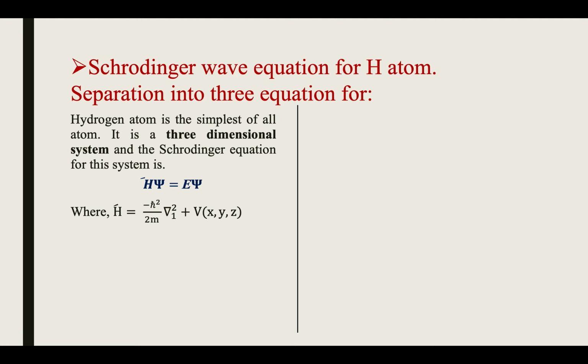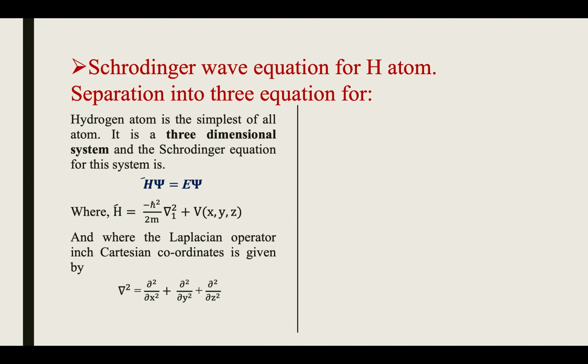H is the Hermitian operator, that is, H equal to minus h cross square divided by 2m, times the inverted triangle, which is the Laplacian operator, squared, plus V, the potential energy, with three Cartesian coordinates x, y, and z.